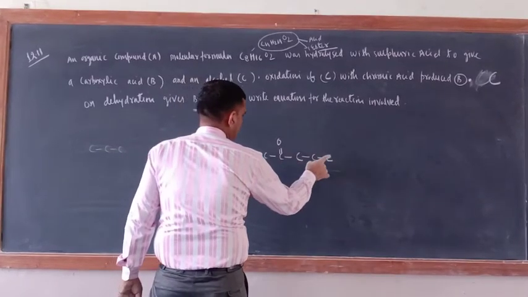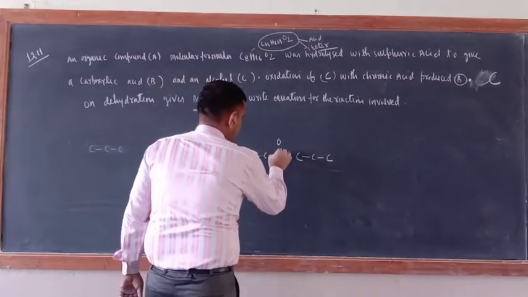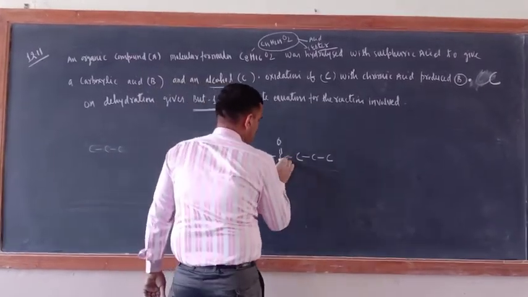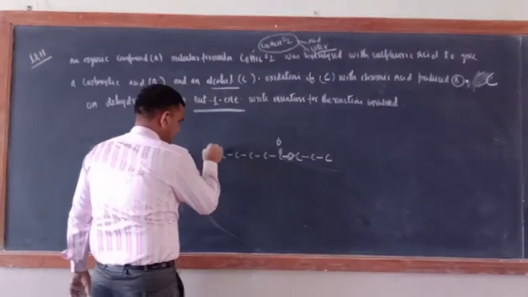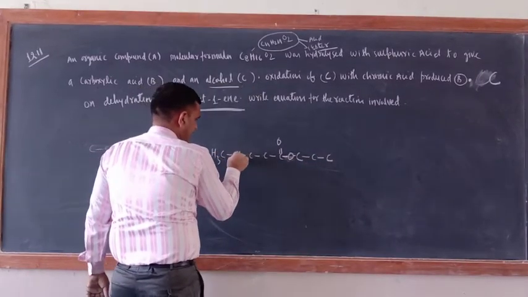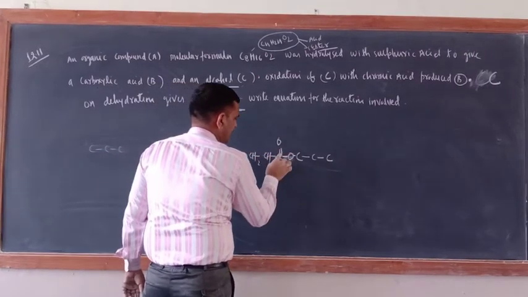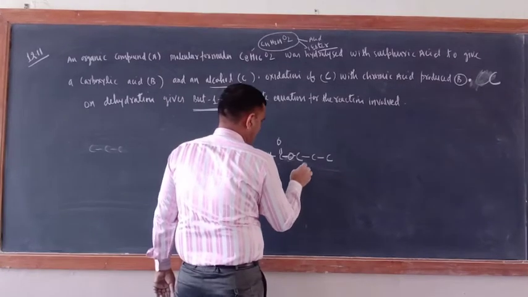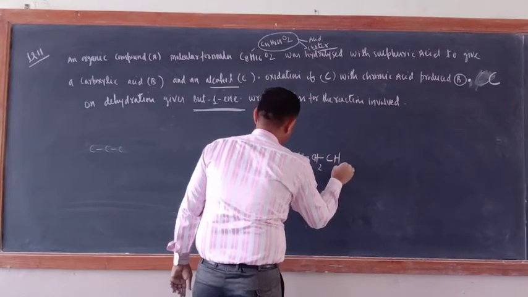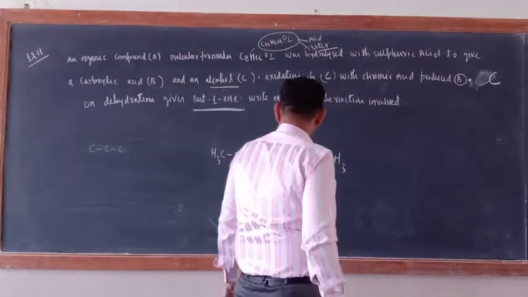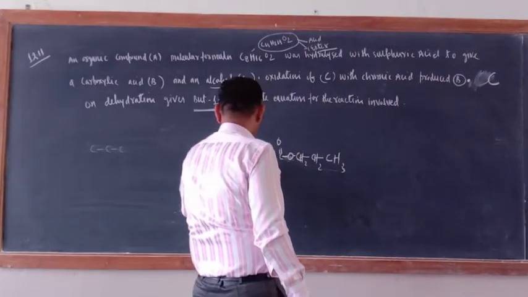Yes. Now C double bond O, and here write O. Now fulfill the remaining valency. This is CH3, then only it would be an ester. CH2, CH2, CH2, CH2, CH3, with C double bond O.